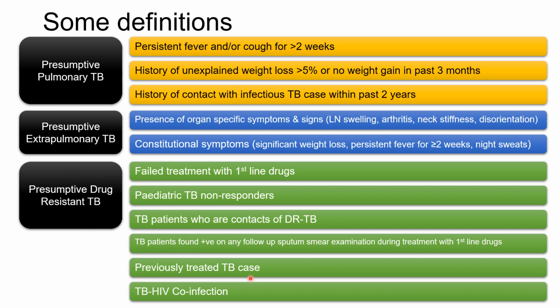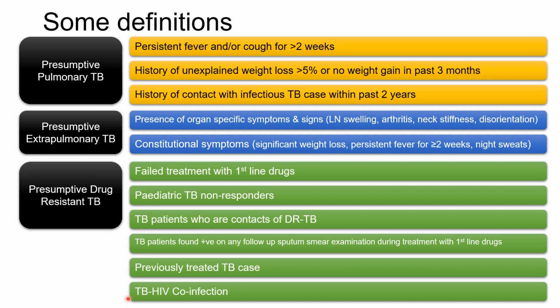Any previously treated TB case, that means any person who has taken anti-tubercular therapy for more than or equal to 1 month in his life, has to be considered a previously treated TB case. And any previously treated TB case that has come to you again is considered a presumptive drug-resistant tuberculosis.